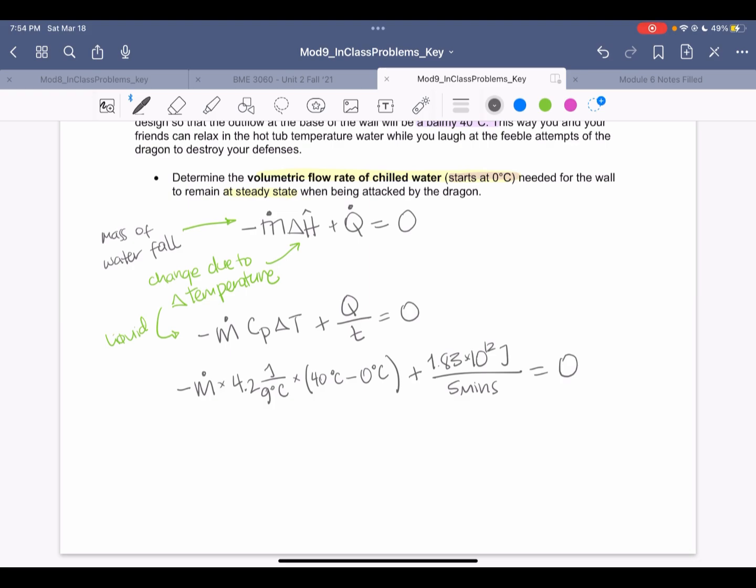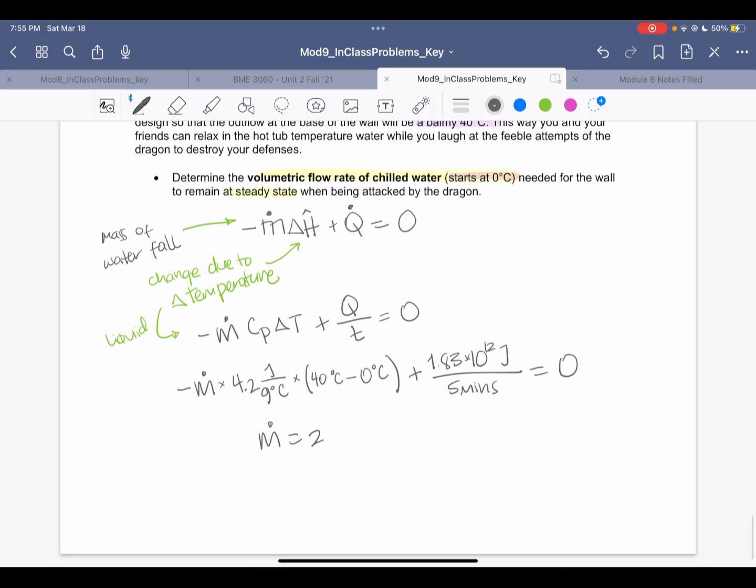Okay, so if I solve for this mass flow rate, it's going to be equal to 1.83 e to the 12th divided by 5 minutes, and then divided by 4.2 and divided by 40.